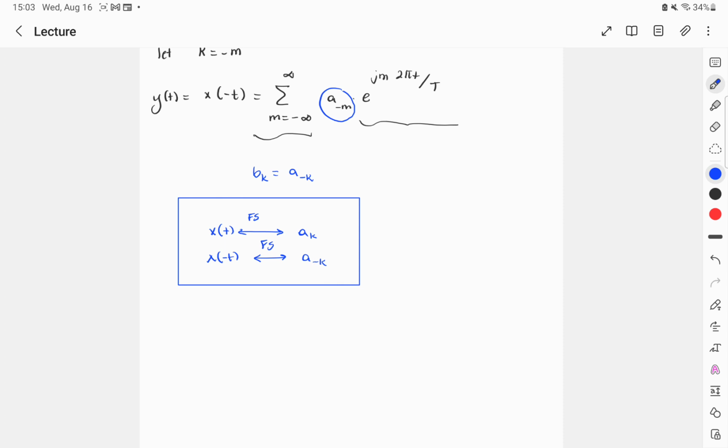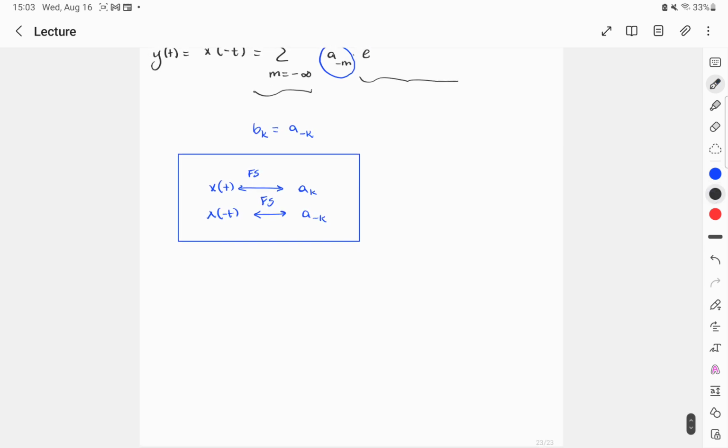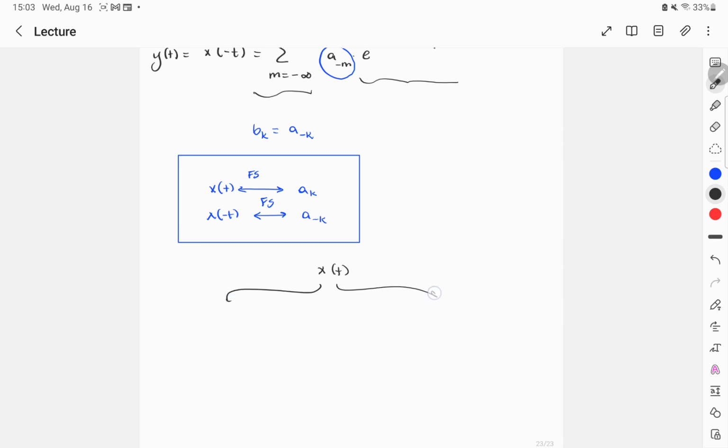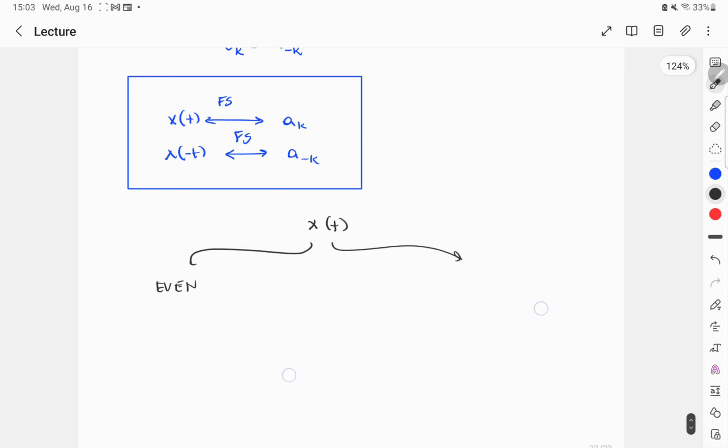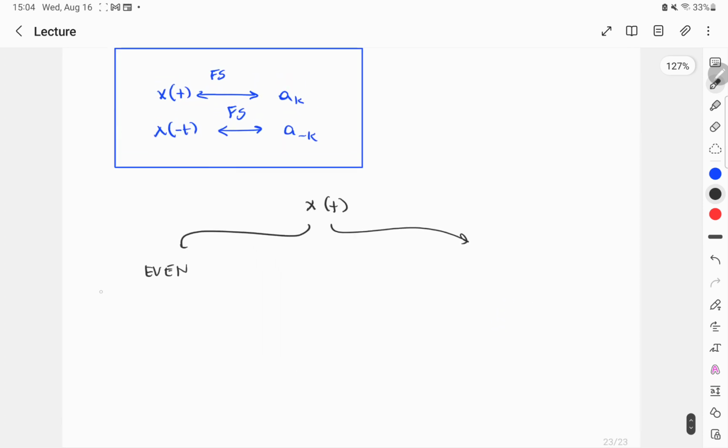So here we need to analyze two things. What happens if the signal is odd? What happens if the signal is even? Now let us see this x(t). If it is even, then x of minus t equals x of t, right?